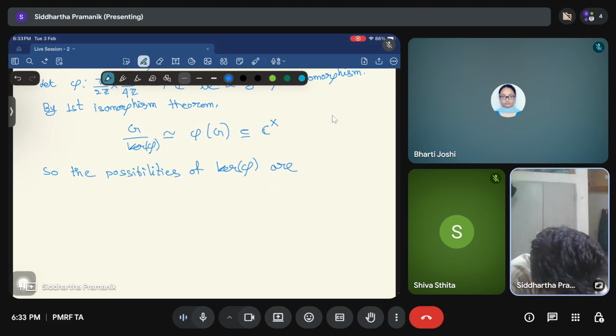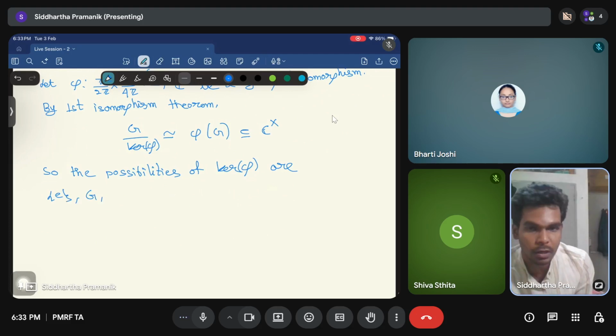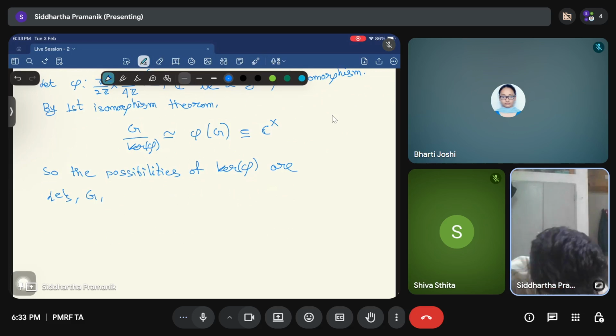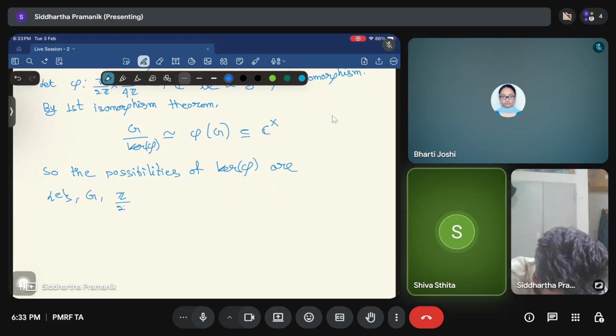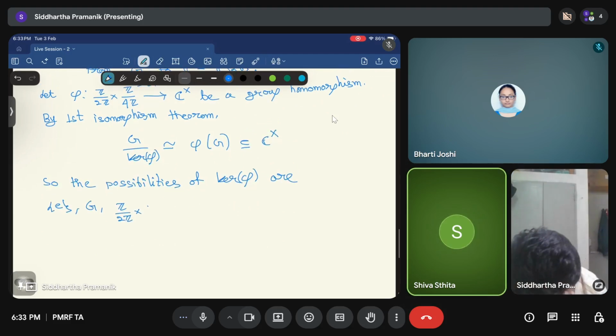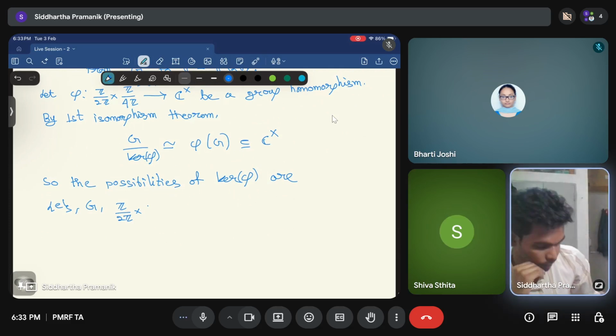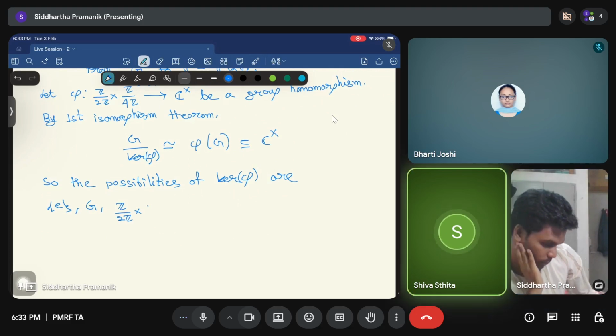So first of all, kernel can be the trivial subgroup. It can be the whole group. So I'm just listing down all the subgroups first. Then we will discard one by one. And it can be so, yes, sir. 1 can go to 0 and 3 can go to 0, so those are the only choices. Are you saying those are the only choices?